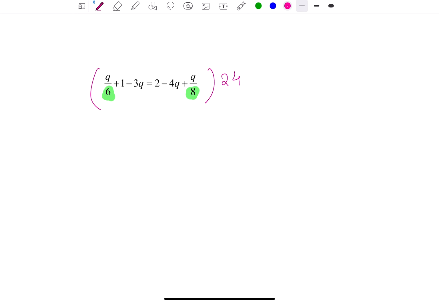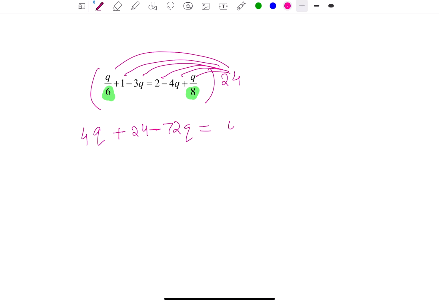The LCD for 6 and 8 is 24, so every single term on both left and right hand sides will multiply with that LCD. So q over 6 times 24 would be 4q, plus 24, minus 72q, equals 48 minus 24 times 4, which is 96q, plus 3q.